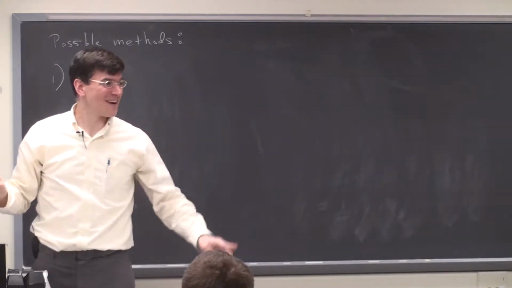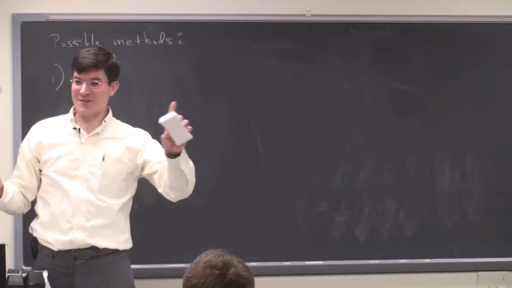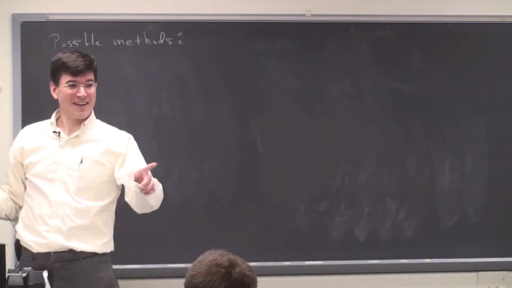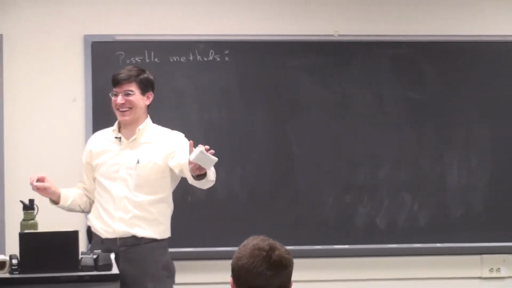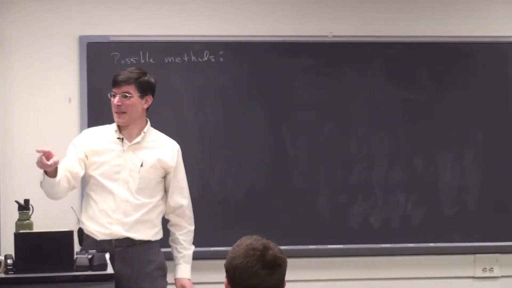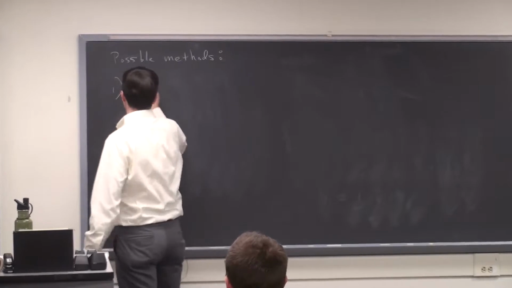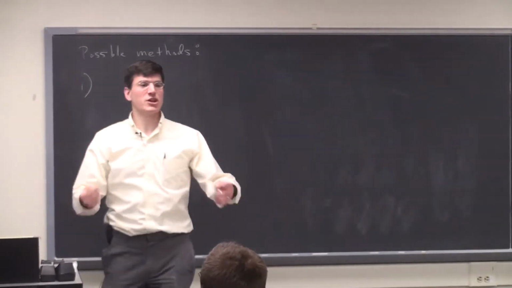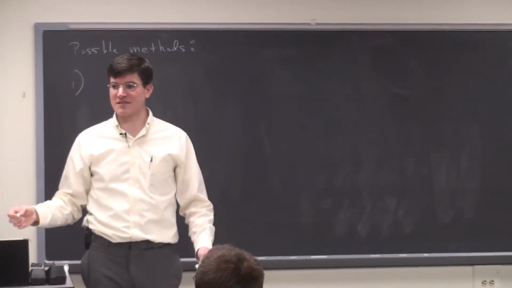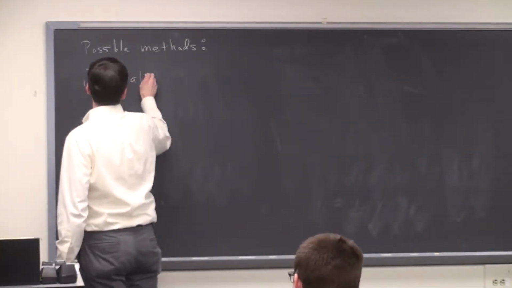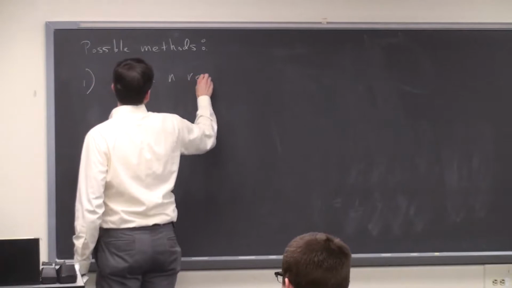That's the second one. That's the third one. Yeah, exactly, that was the first one. We have all three of them, it's just a matter of getting the order straight. The third one is the one we're going to use. So I want to do the other two first so we can just discuss them and drop them and then move on. So the first method was take n really large.